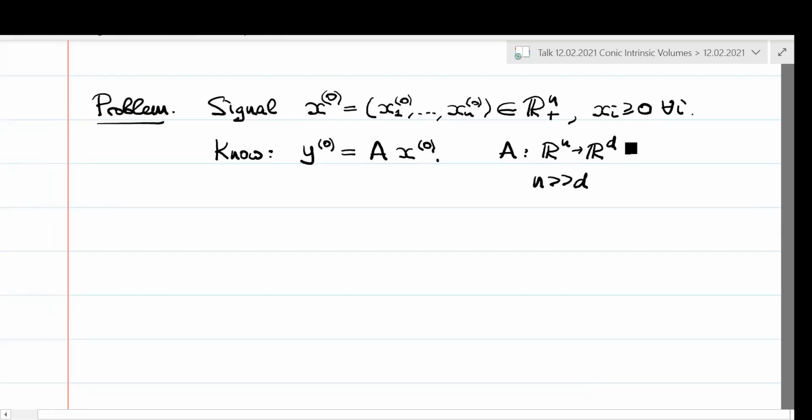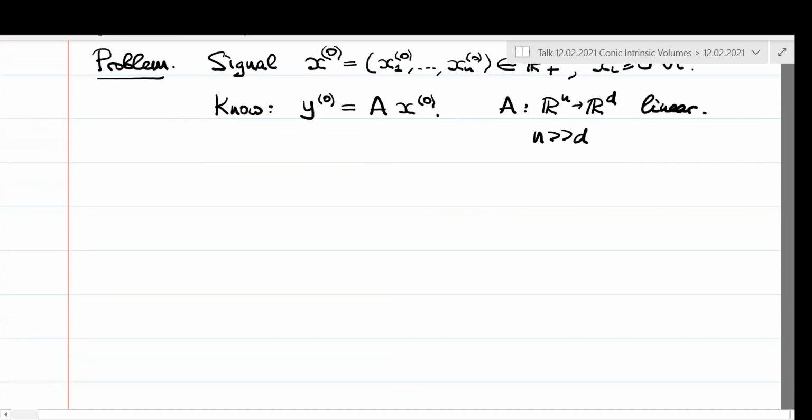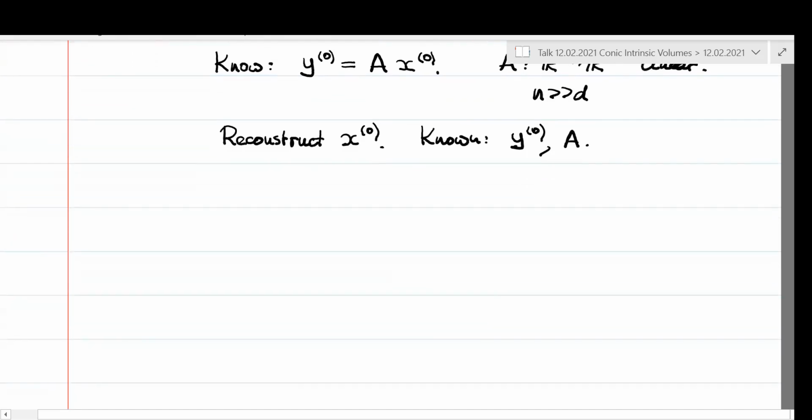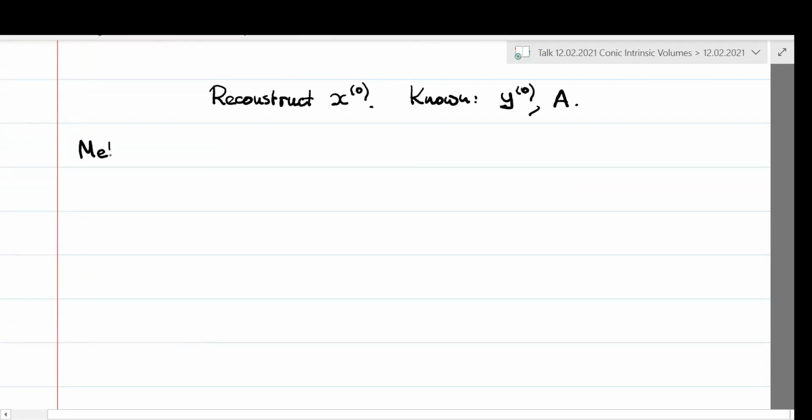It is a linear transformation. And now our problem is to reconstruct the signal x0 from the image y0, which has lower dimension, and the matrix A is also known. And now one natural method to do this is as follows.